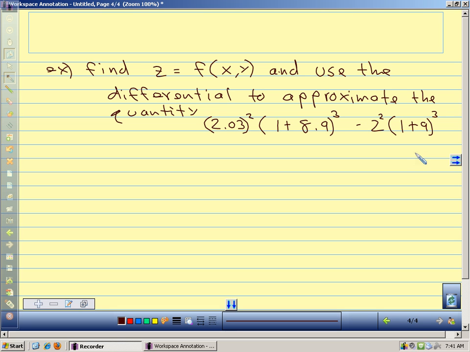Now to approximate this, remember our change in our function, delta z, our increment, is f of x plus delta x, y plus delta y, minus f of x, y.